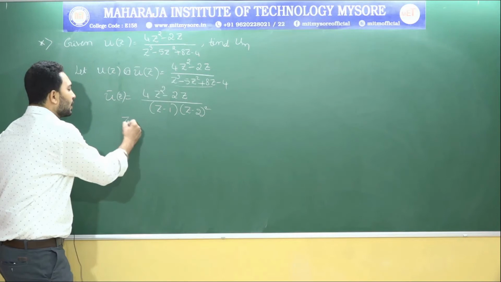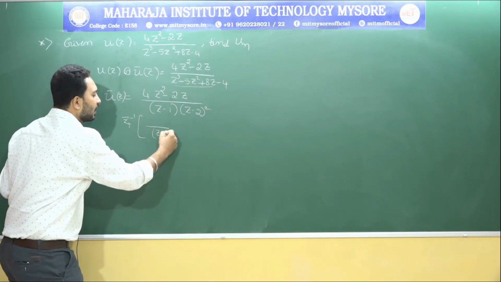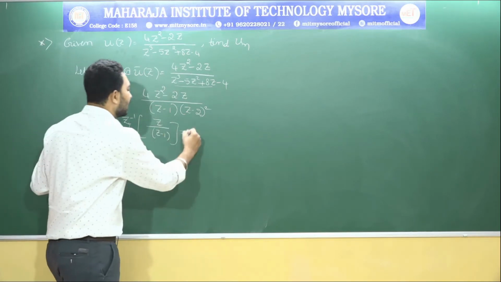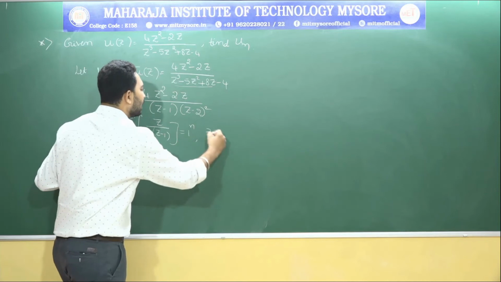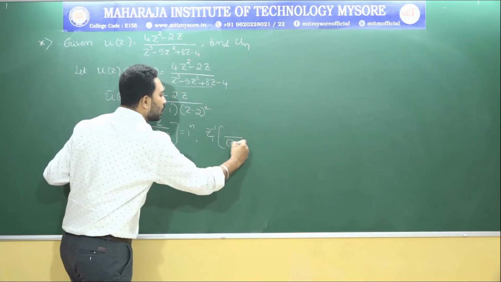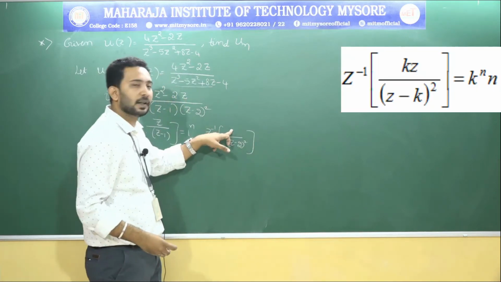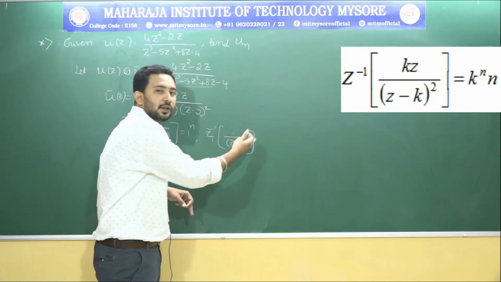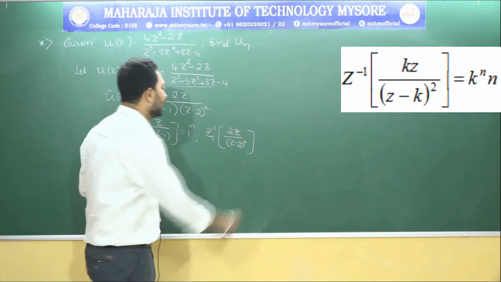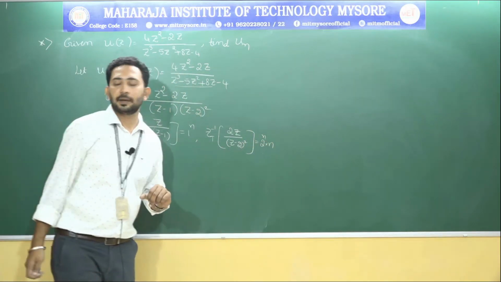For z minus 1 in the denominator we should have z in the numerator, the result is 1 power n, and we have inverse z of z minus 2 whole square here. If we have z minus 2 whole square, then the result will be k into z, that is 2 into z, which is nothing but 2 power n into n.